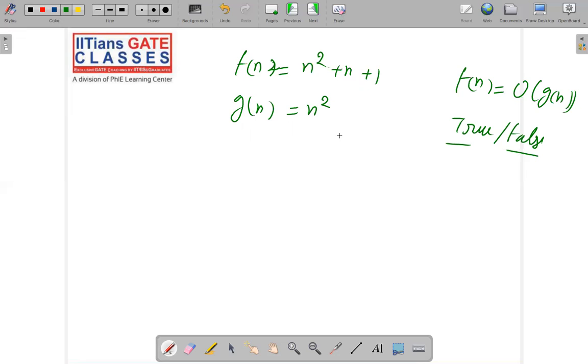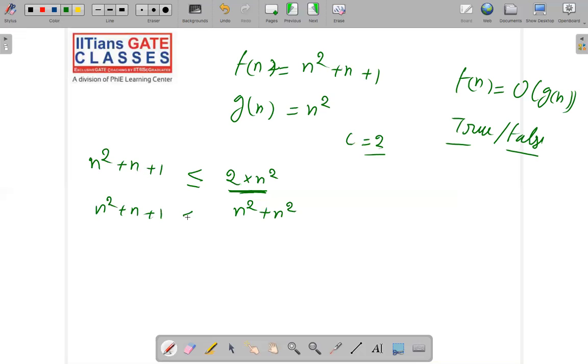So if you put C equal to 2, it will be n square plus n plus 1 less than or equal to 2 multiplied by n square. And 2n square can be written as n square plus n square. So n square plus n plus 1 is less than or equal to n square plus n square.